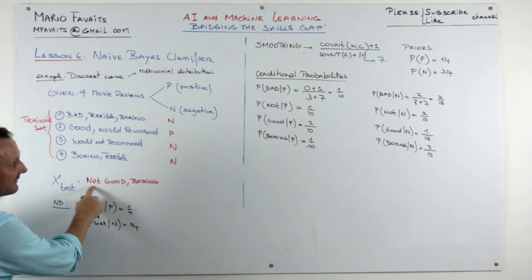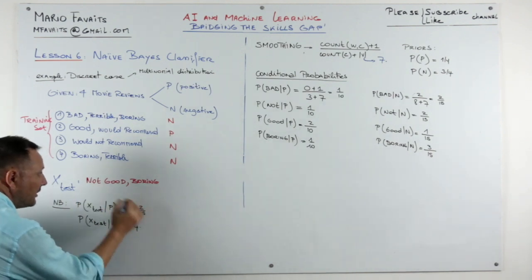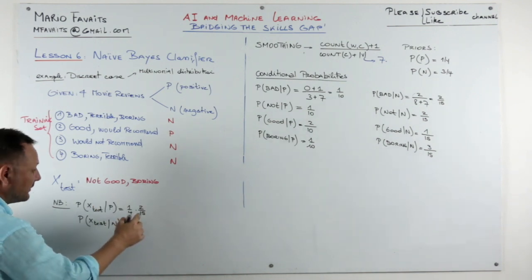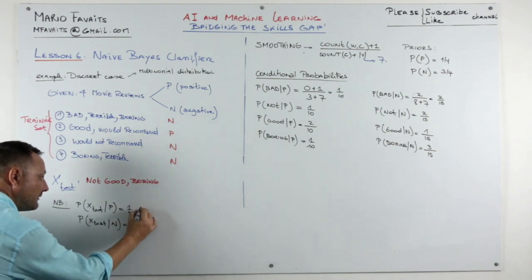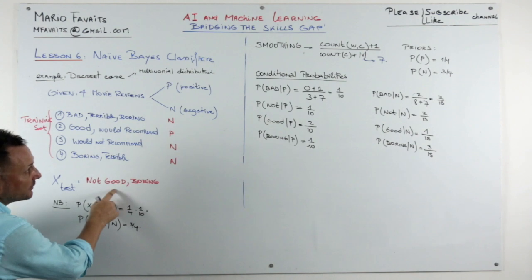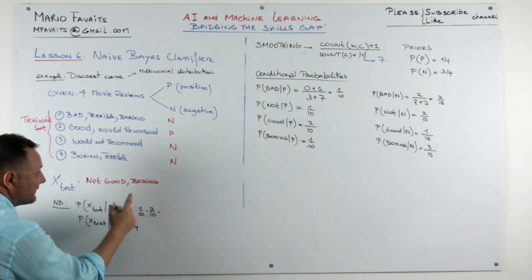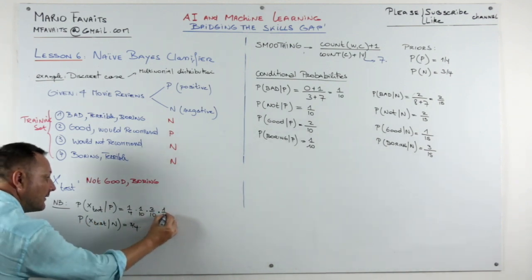So if we look at positive, not is 1 out of 10, sorry. Not is 1 out of 10. Times good is 2 out of 10. Times boring is 1 out of 10.